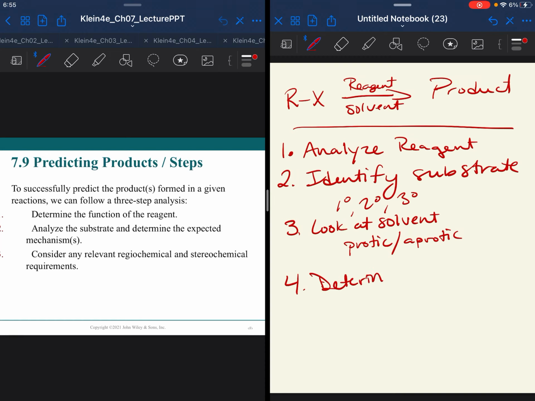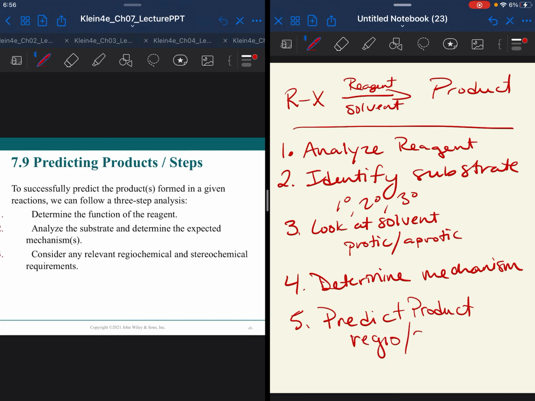And then once you determine the mechanism, you know, whether it's going to be substitution or elimination, unimolecular or bimolecular, then you're going to predict the product. And when you predict the product, you are going to keep regio and stereochemical concerns in mind, right? Are you going to have an inversion of stereochemistry? Are you going to make a Zaitsev or Hofmann elimination product? Those you have to think of right at the end.